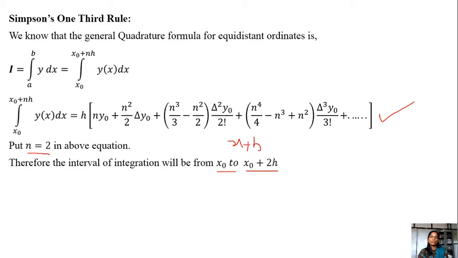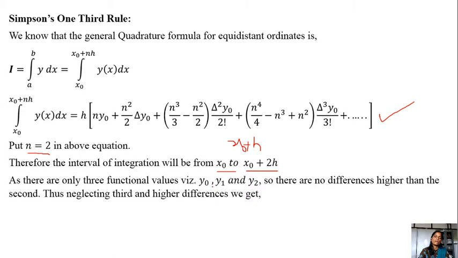So the arguments are x naught, x naught plus h and x naught plus twice h, and the respective values of the function are y naught, y1 and y2. There are only 3 functional values, and therefore third and higher differences are 0, so we are going to neglect this term. Write this formula up to 3 terms, and wherever n is there replace it by 2, and let us see what happens.